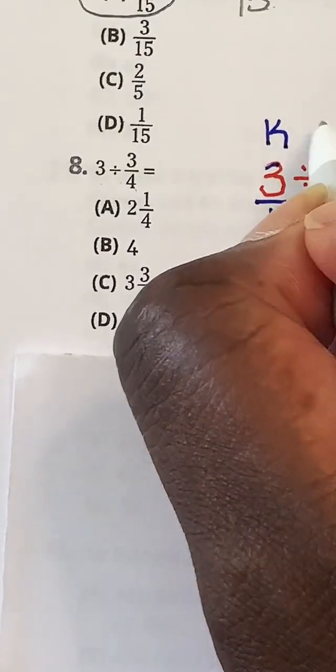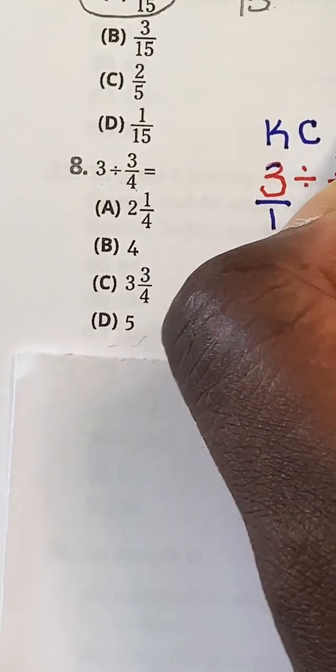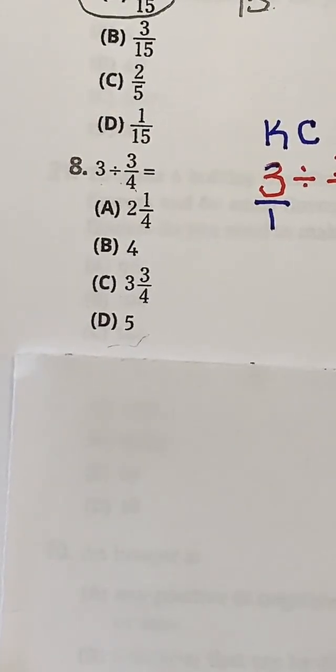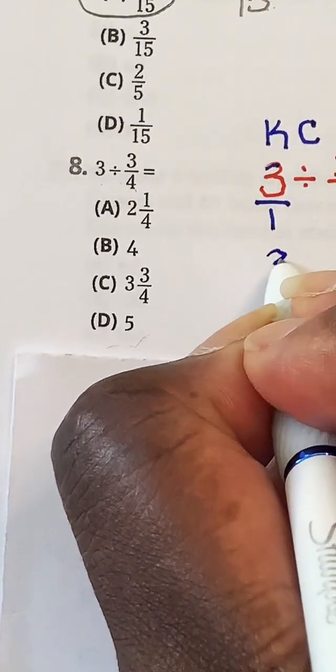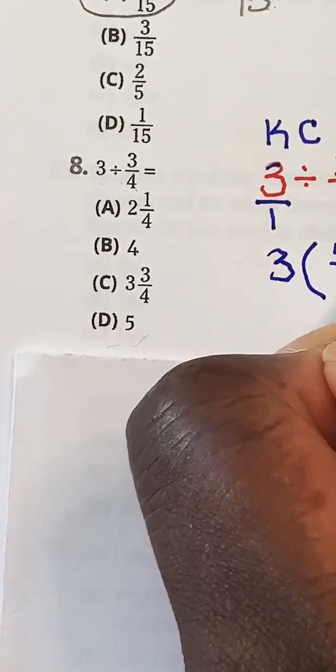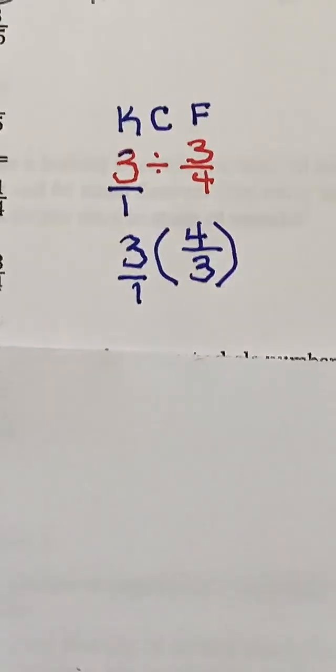We're going to change that division sign to a multiplication symbol. And we're going to flip that 3/4. So it's going to look like this. You're going to have 3 times 4 over 3. Even if we put it over 1, that'll be fine.